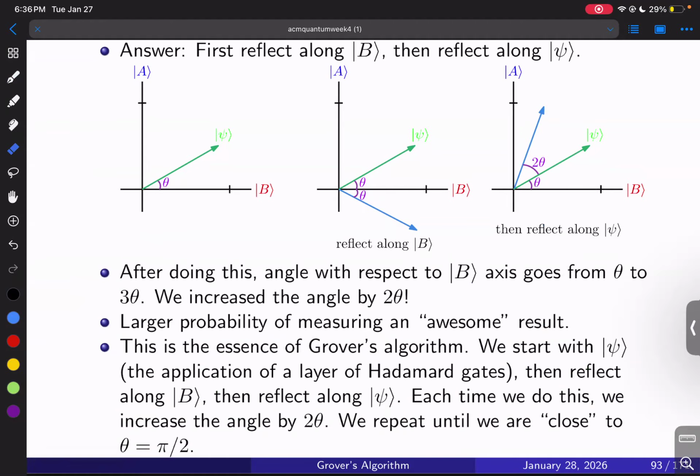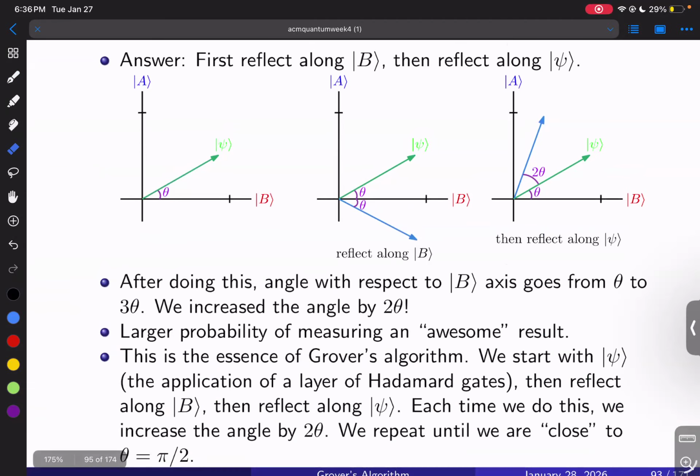You do some uniform superposition layer, which is Hadamard gates, and then just do these two reflections over and over again, and you repeat until theta is close to pi over 2. Questions on that? That's basically the entirety of the algorithm.